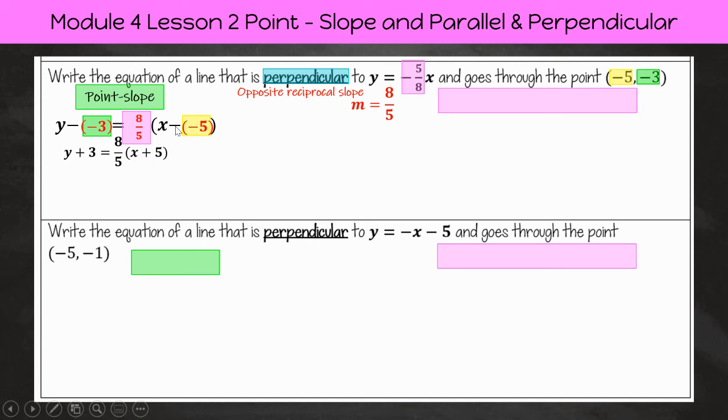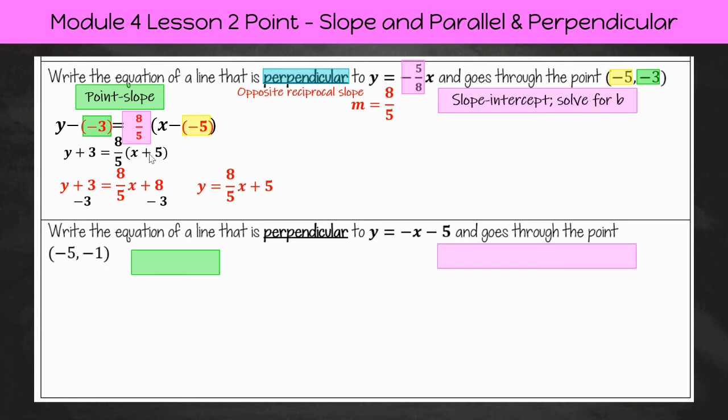So now when I simplify that, I'm going to get y plus 3 is equal to 8/5 x plus 8, because all I did was multiply this 8/5 times x and this 8/5 times 5. And then I need to subtract 3 from both sides, and I get y is equal to 8/5 x plus 5.